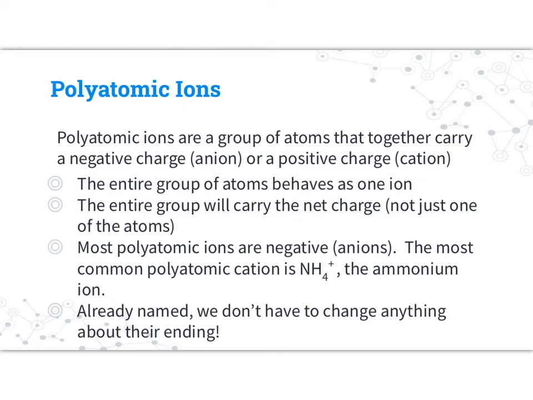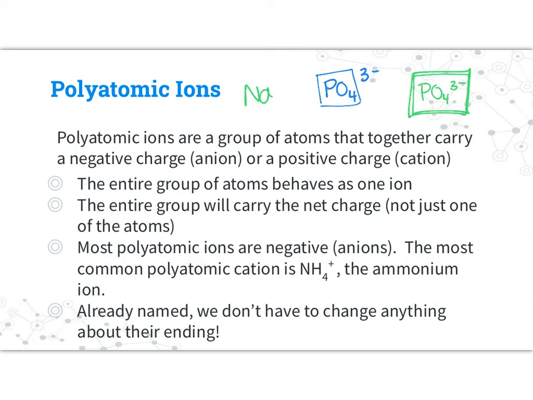One of the ones, third column over, top one is PO4. PO4 overall, the whole thing has a 3 negative charge. So it's not just the oxygen that's carrying the charge. PO4 3- works together like one ion.